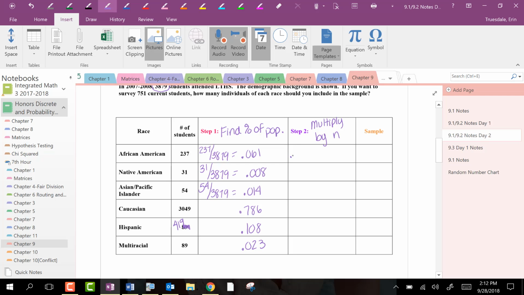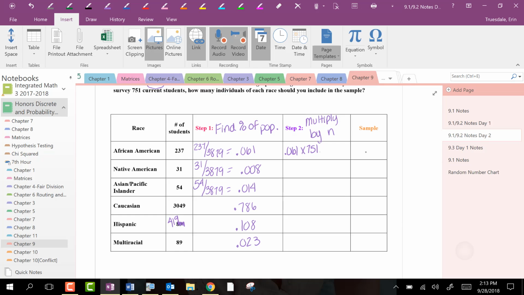Okay, so if I do 0.061 times 751 students, I should get the sample. If you're trying to make it representative of the population, you should try to sample 46, which is what you get here. Okay, 46 African American students. And so we're trying to force it to be representative of the population.